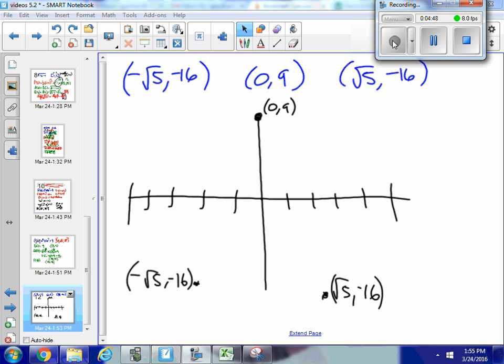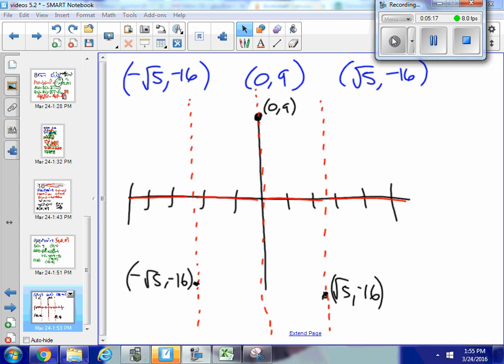So those are things that I know are going to be on my graph. And what these things have done is they have now divided my graph into intervals. With 3 points, I have 4 intervals. Here's one interval, here's a second interval, here's the third interval, there's the fourth interval.